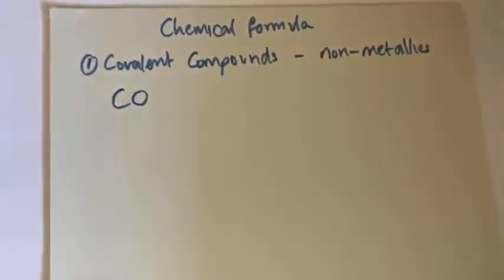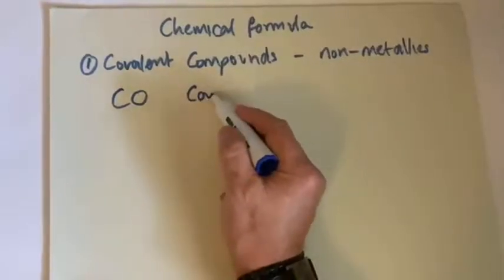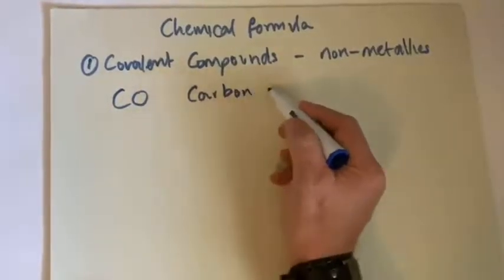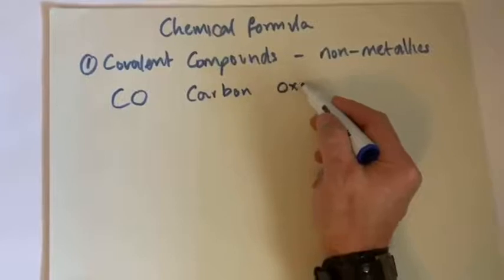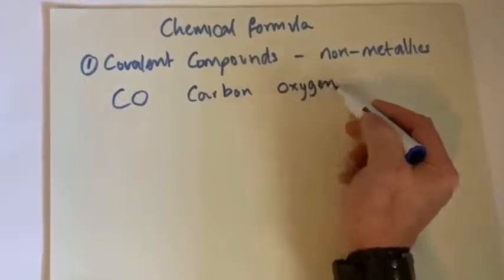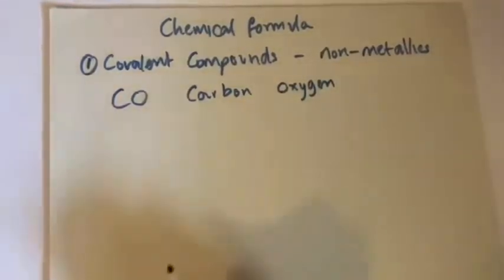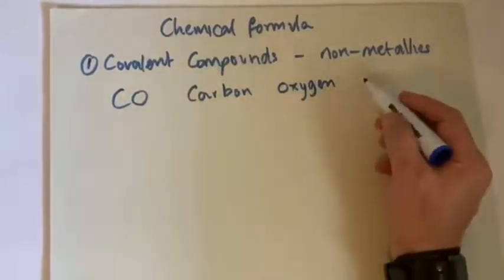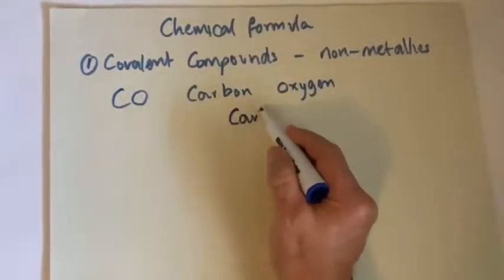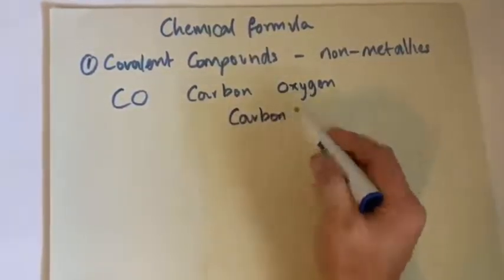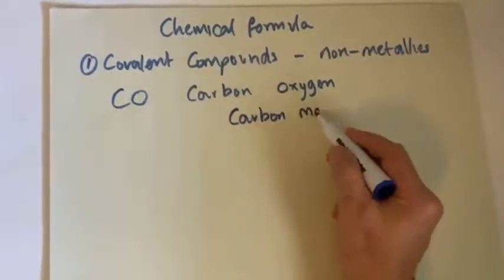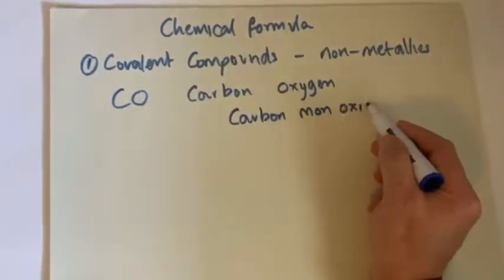So if we have CO, we know we've got carbon, we know we've got oxygen, we've got one of each, so we'd call it carbon, and then to tell me there's one oxygen, monoxide.